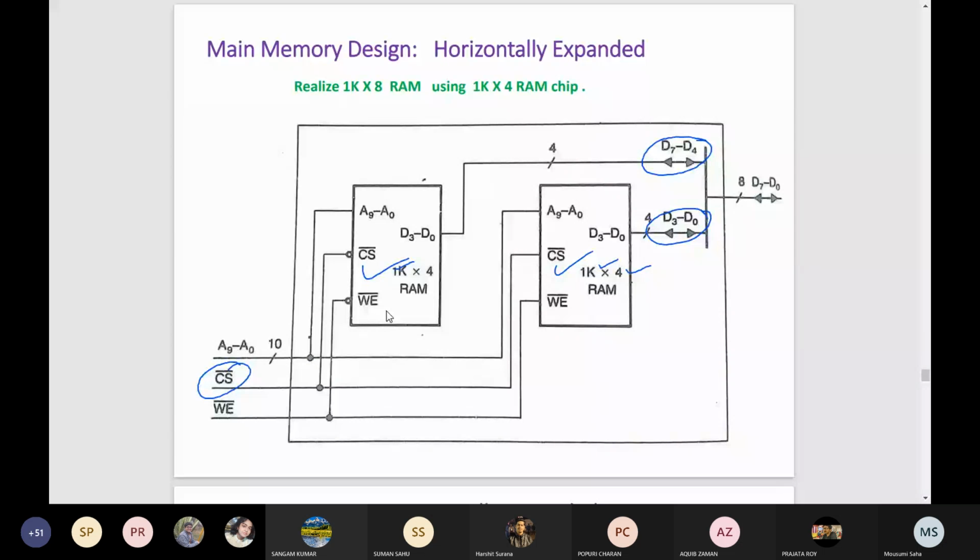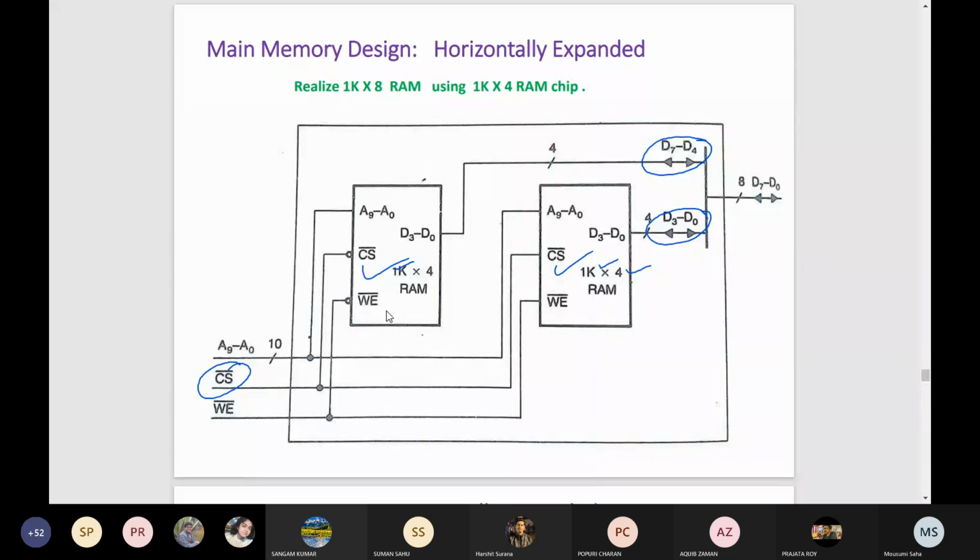Whenever they design or fabricate any IC, they try to maintain some compatibility, because everything is designed for some future purpose.